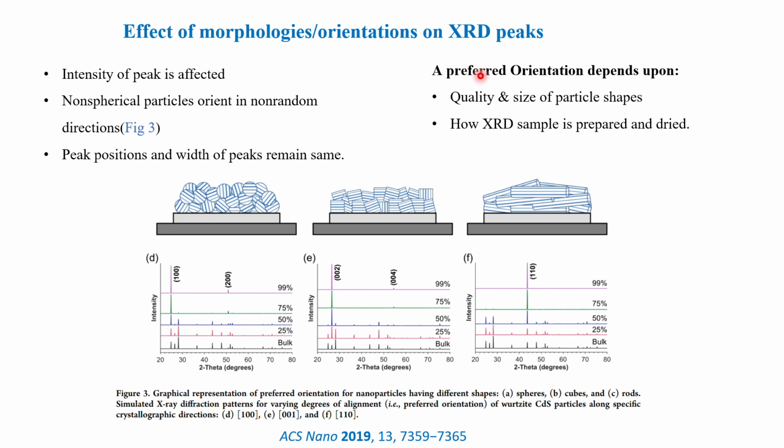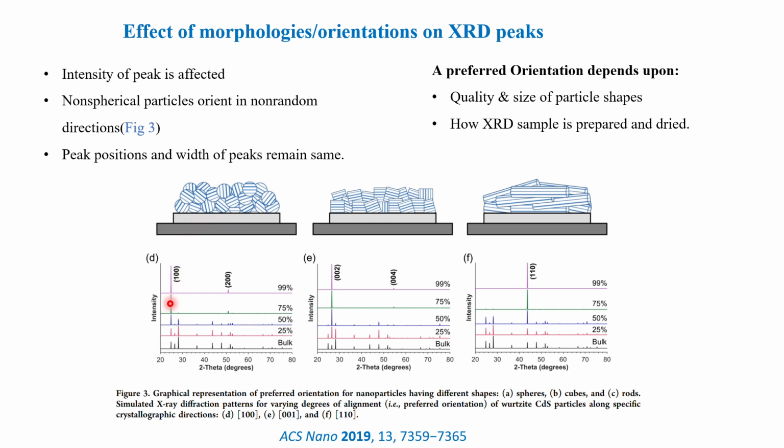So that is some reason why preferred orientation occurs in our samples. It may be due to the quality and size of particle shapes, and how the XRD sample is prepared or dried. As we can see, this is a spherical pattern that is oriented in the 100 family of planes.